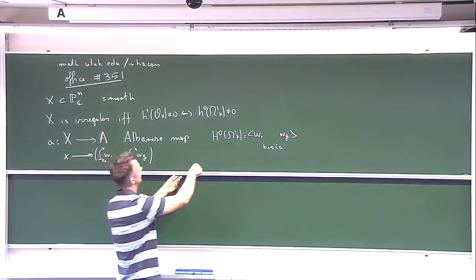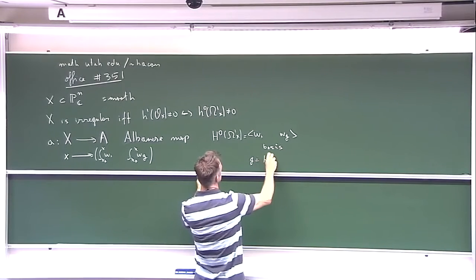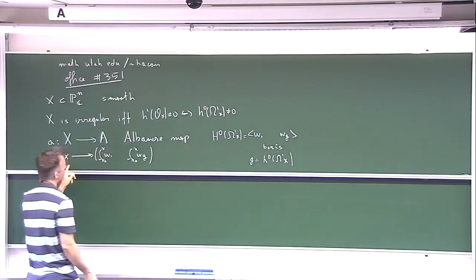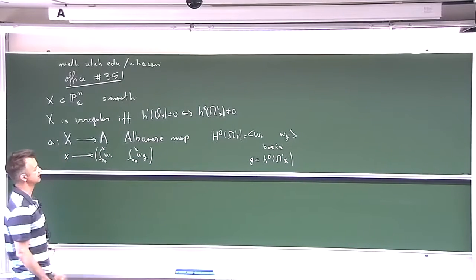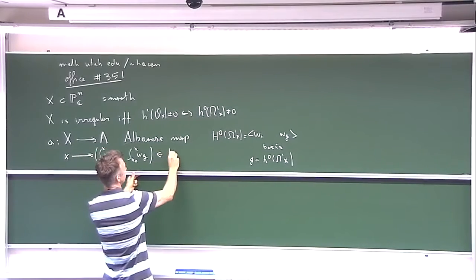Here, g denotes the dimension, which is the same as h^0(Ω^1_X).